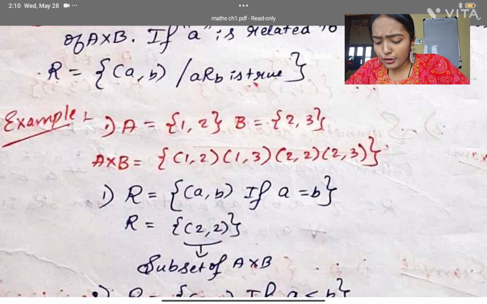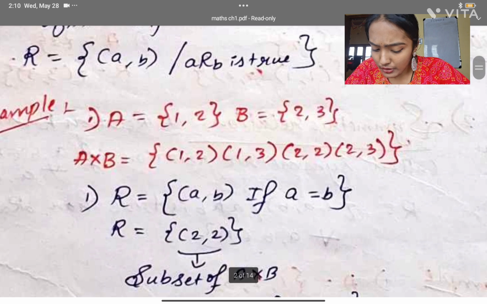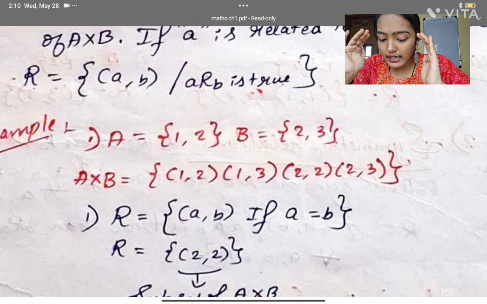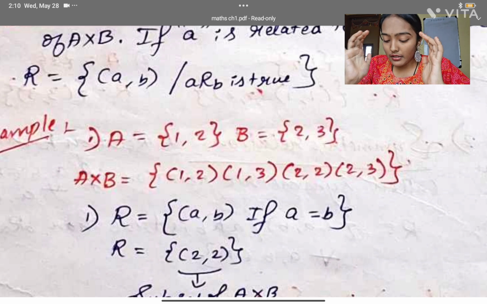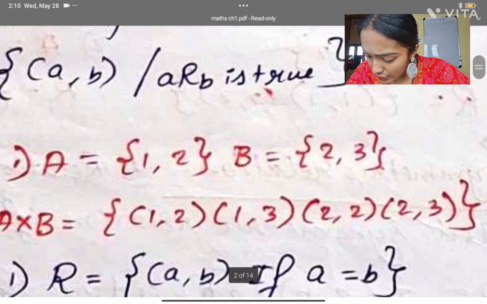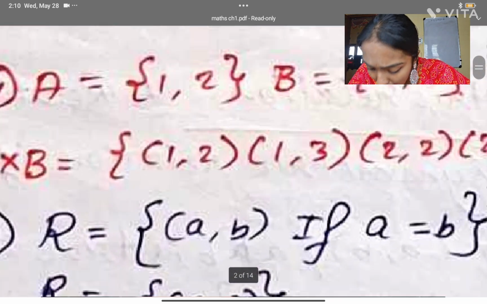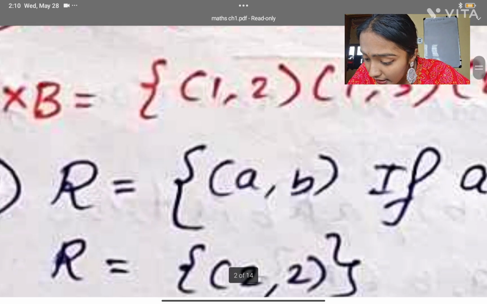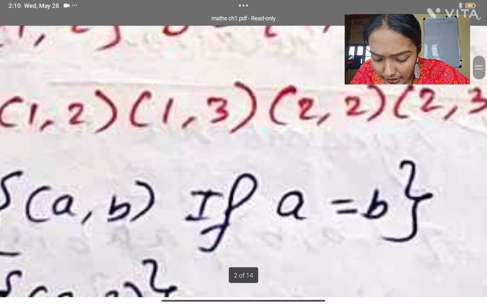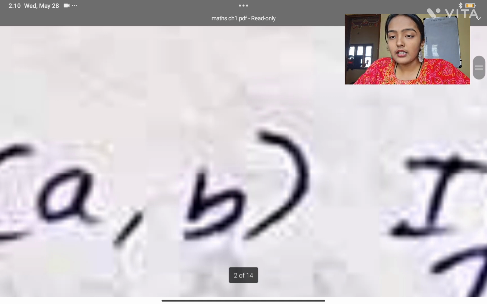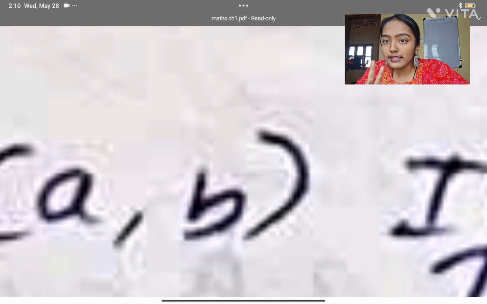Like that, a relation R says that from the major set we got after crossing A cross B, a Cartesian product, a big set, like I show you here, they specifically want a set where element A is equal to element B. These two should be the same.